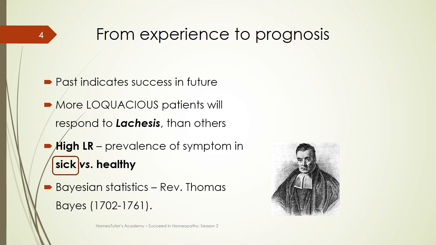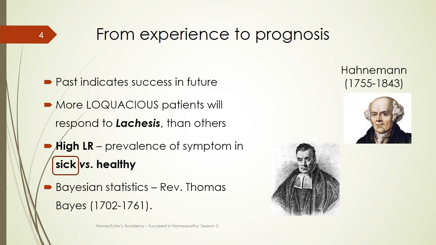That means the statistics and the laws developed, or one particular theorem which is of particular importance, was developed by Thomas Bayes. One point which is very interesting to note is that Reverend Thomas Bayes lived between the years 1702 and 1761. Hahnemann was born in 1755 and passed away in 1843, which means that when Reverend Thomas Bayes died, Hahnemann was just 6 years old.